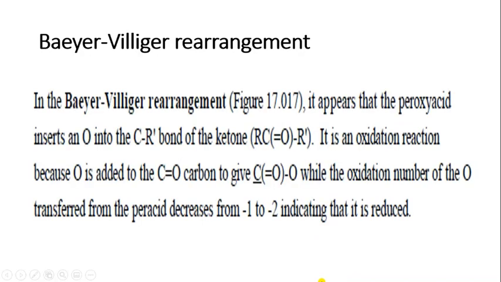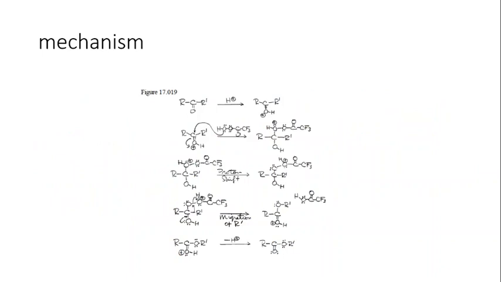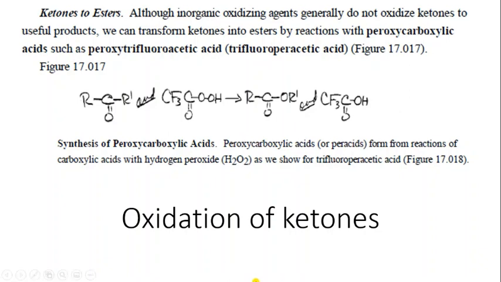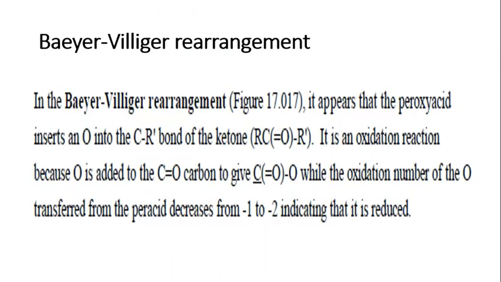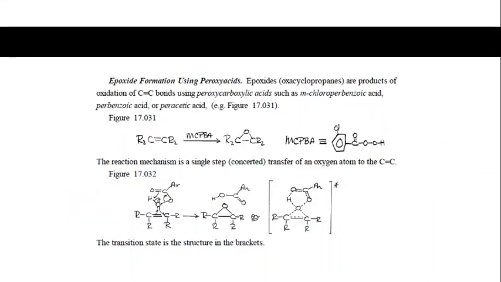So using this peroxy acid or perbenzoic acid, we are able to bring about the oxidation of the ketone as well. Normally you wouldn't see ketones being oxidized, but using this peroxy acid or perbenzoic acid, they are quite capable of oxidizing the ketone, including cyclic ketones such as cyclopentanone and cyclohexanone.